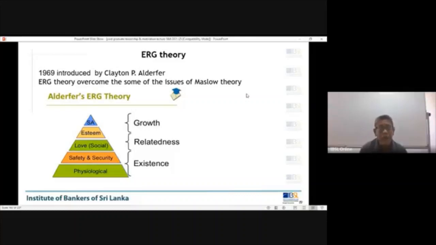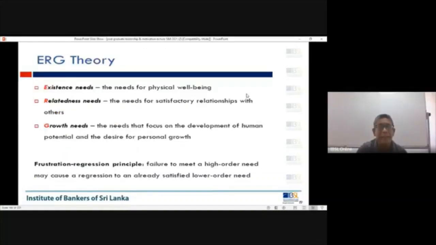Therefore, he divided Maslow's theory of needs into three categories. ERG: E means existence needs, the needs of physical well-being. Then relatedness needs, the need for satisfactory relationships with others. Growth needs, the needs that focus on the development of human potential.